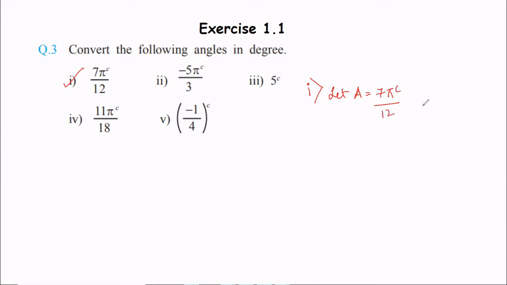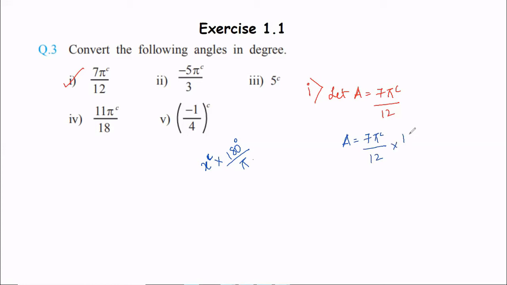If you remember, there was a lecture in which I explained this method of converting radians into degrees. How do we do it? For example, you have been given x radians. You convert this radian into degrees by multiplying it with 180 by pi. So that is what we will apply over here. A is equal to 7 pi radian by 12.